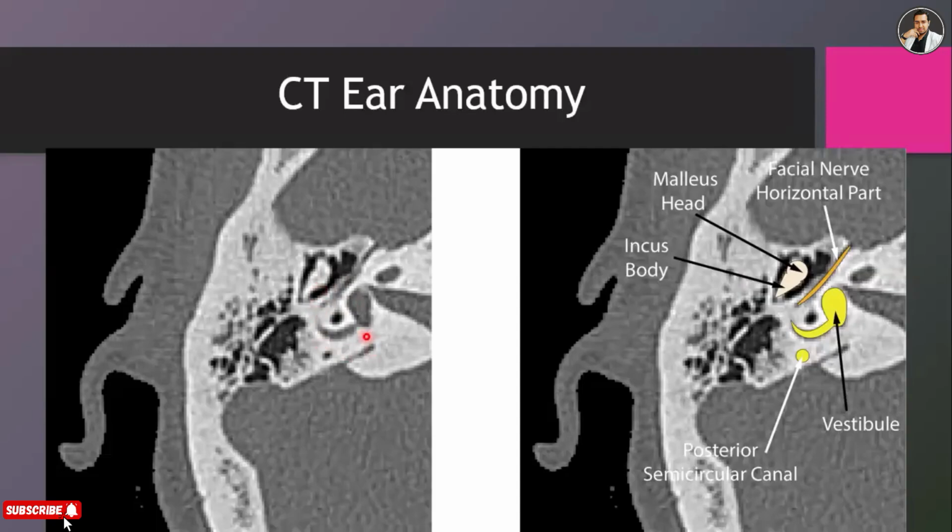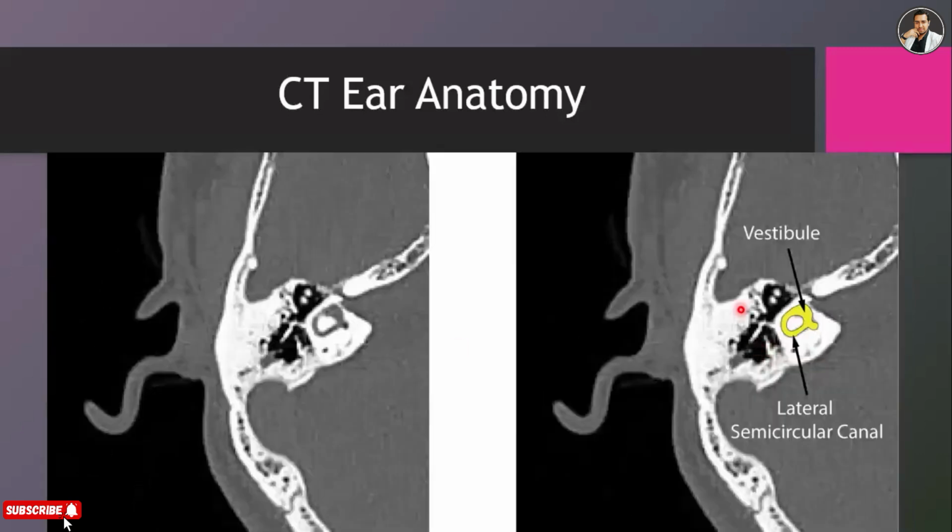This is the vestibule. This is the facial nerve, horizontal part. Next image is the vestibule. This is the lateral semicircular canal.